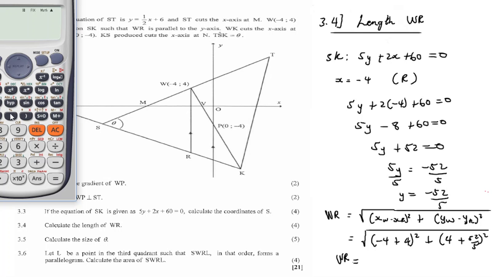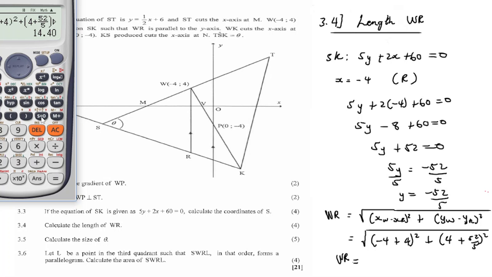Here it's 0, so there's no need, but let me punch it in on the calculator. Let's do this again. I punch in everything: 4 plus 52 divided by 5, everything squared.